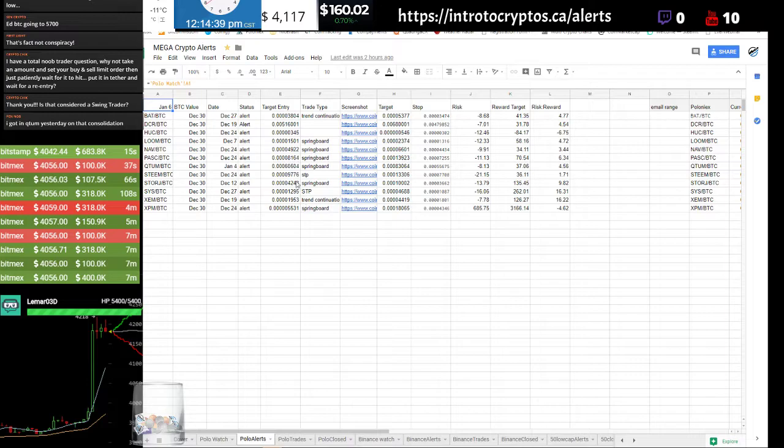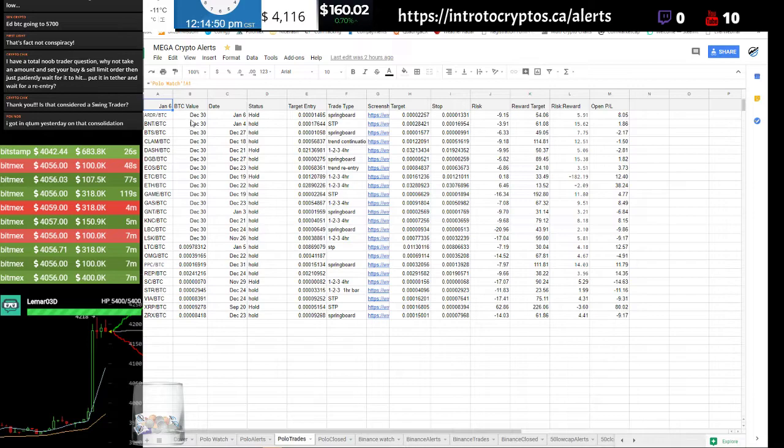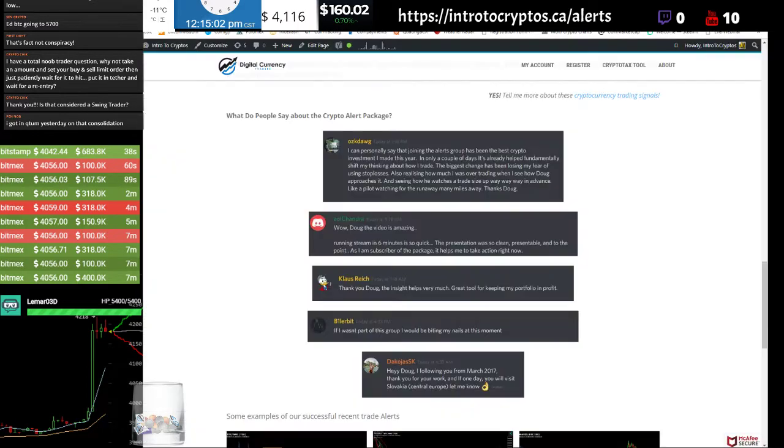So now we have the Poloniex alerts, and actually it'll be interesting to go back and compare the alerts I just did versus these alerts right here. And the trades, the actual markets that we have a trade in, according to our alerts earlier, from December 23rd, January 3rd, December 22nd, all the way along here, we've got these different trades. And each of those are pulled into the website, and you can see what people are saying about this.